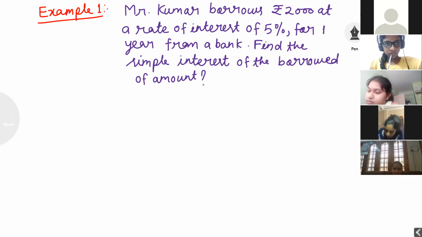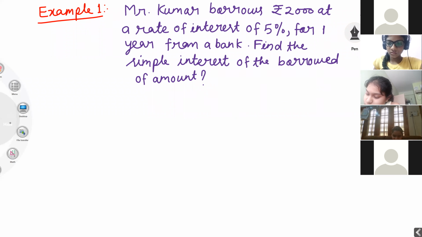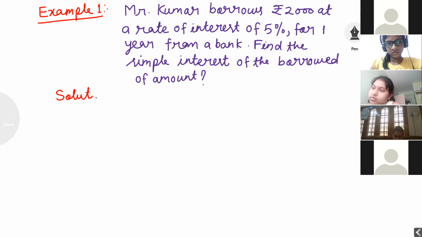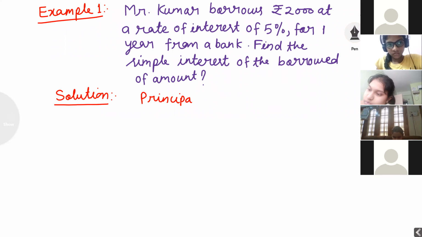Now, first line, students you are observing. In previous class, I explained deposit, withdraw, borrow, lend, all are principal. 2000 rupees is what? Principal. Note down, solution. Principal amount is equal to 2000 rupees.